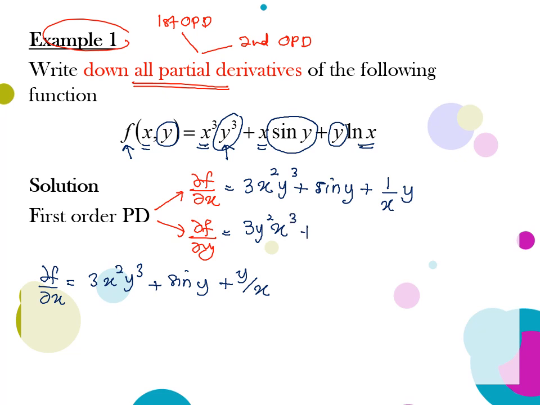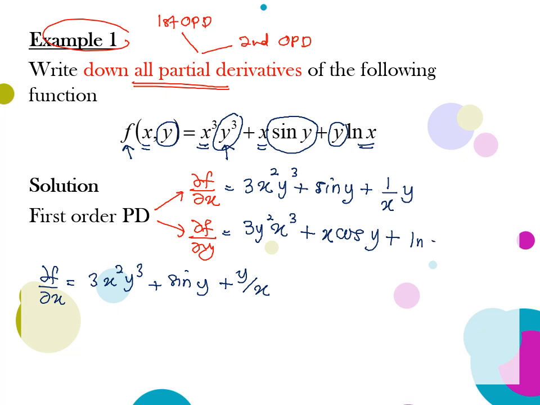Go to the second term here. Differentiate sin y, you will get cos y. So x will stay, because it's constant. Plus, differentiating y, you will get 1, so ln x will stay.